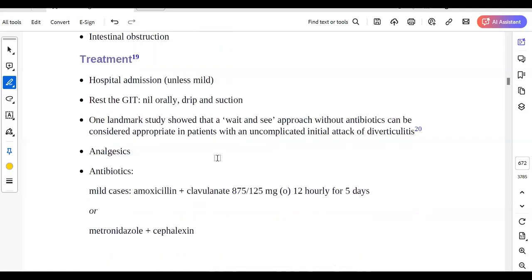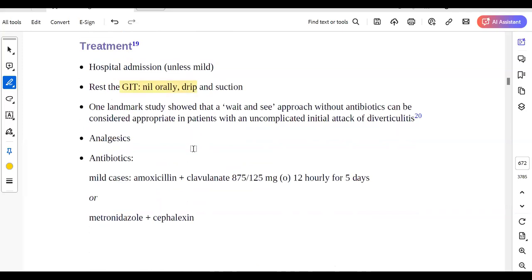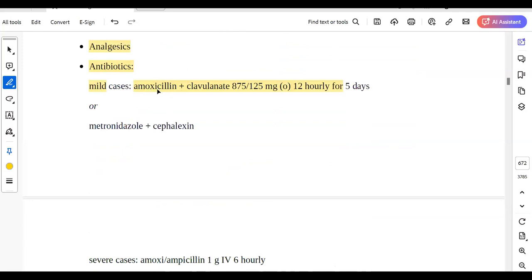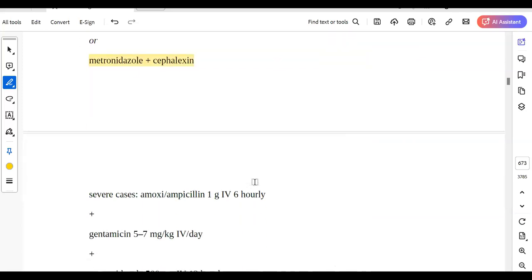Once it is diagnosed as diverticulitis, the patient needs hospitalization, nothing per mouth, and then it's a wait-and-see approach, but you need to give painkillers and antibiotics. If it is a mild case, you can give oral amoxiclav, or if the patient cannot tolerate penicillin, then cefalexin plus metronidazole.